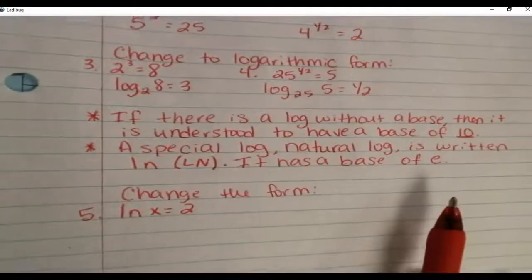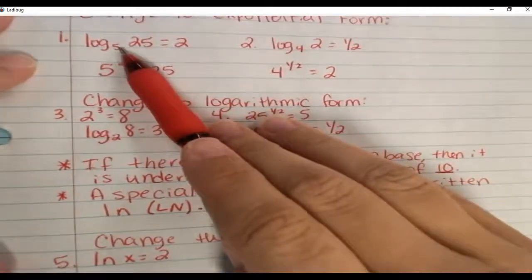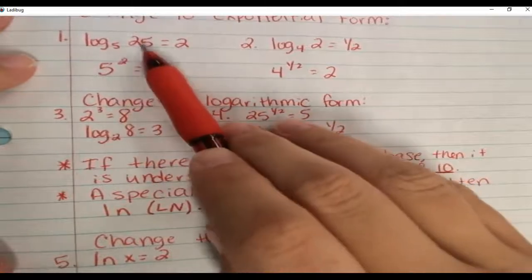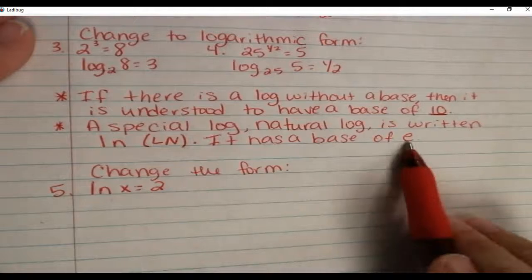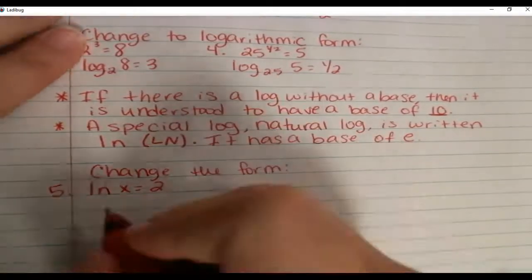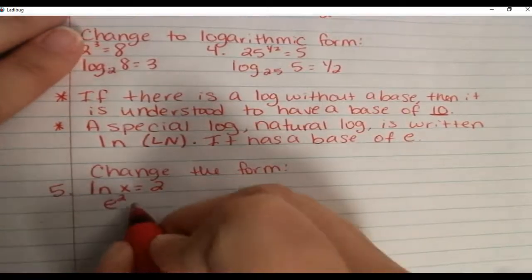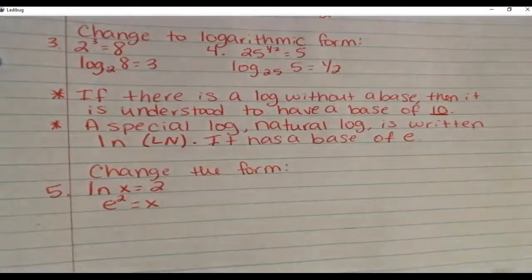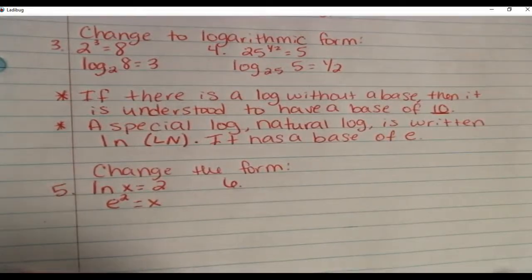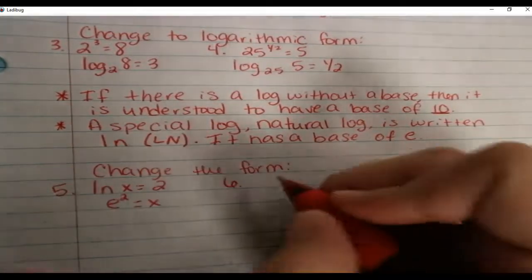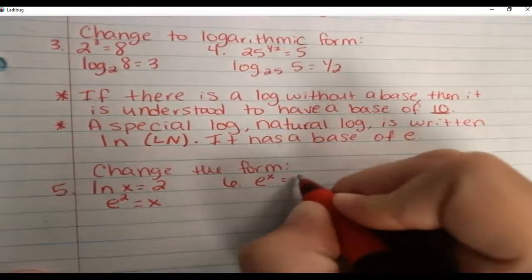So we want to change this one. It's like these first ones that we did. So we just have the base and then the power and the number switch. So in this one, it's a natural log, so I know that my base is e. Okay, so it'll be e to the second equals x. Okay, so a natural log becomes an e. Questions on that one? So let's say we had e to the x equals 3.